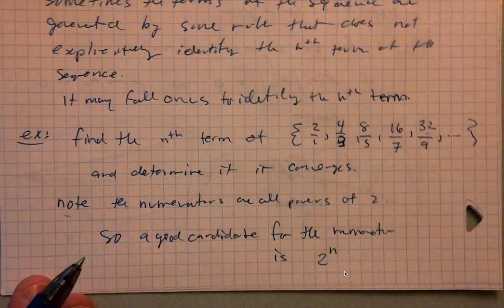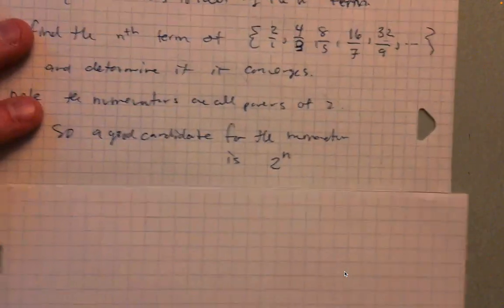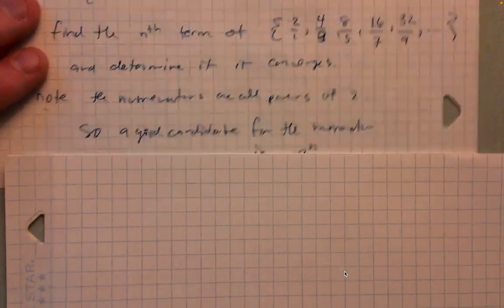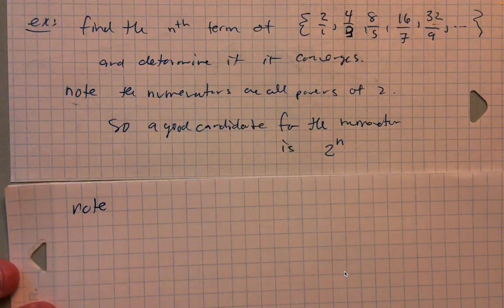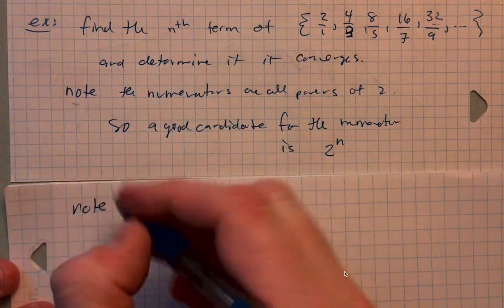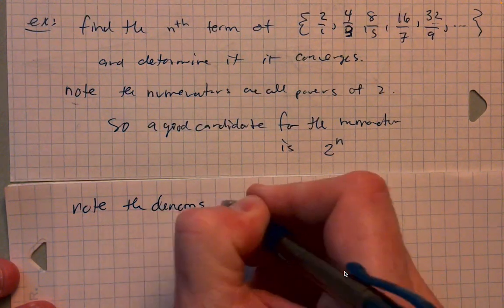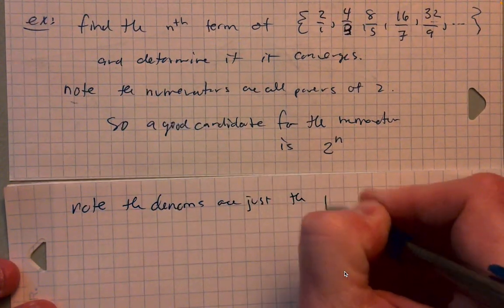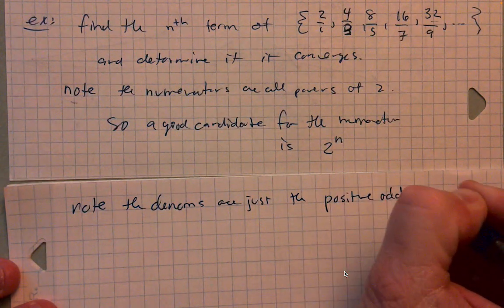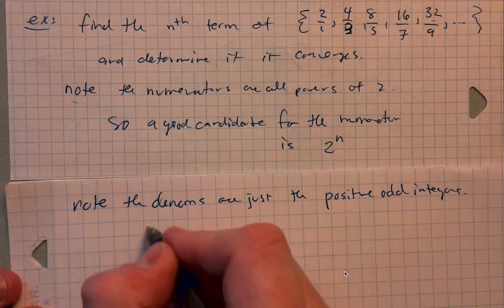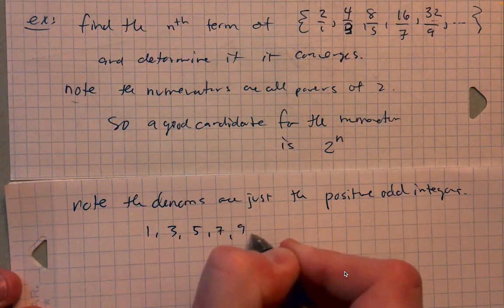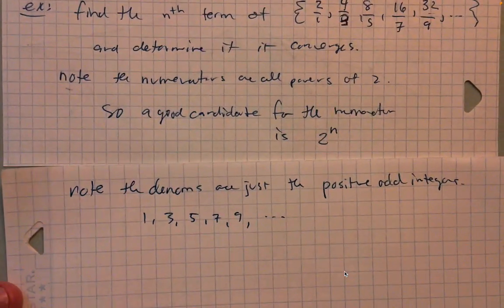What about the denominators? What do we think might be happening there? Well, if you look at it, you can notice the denominators are basically just the positive odd integers. So they're just 1, 3, 5, 7, 9, 11, you can keep going, 13.